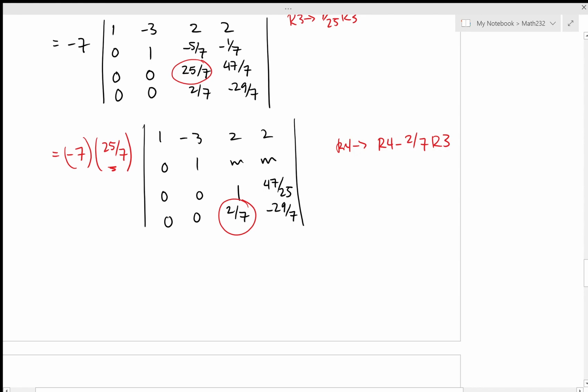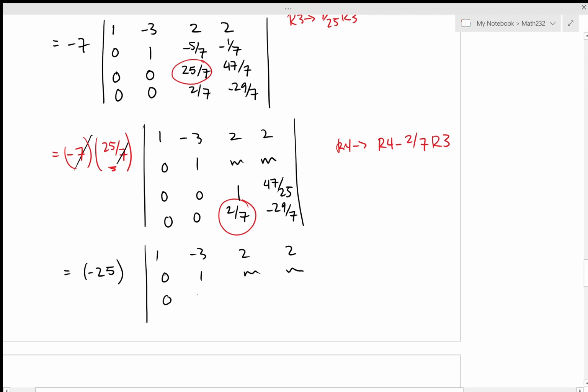So this is going to cancel here. So I'm left here with minus 25. And I've got this matrix: 1, minus 3, 2, 2. And then I've got 0, 1. And there's some numbers here which I no longer feel like copying out.